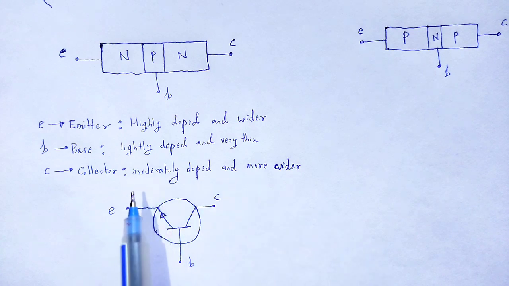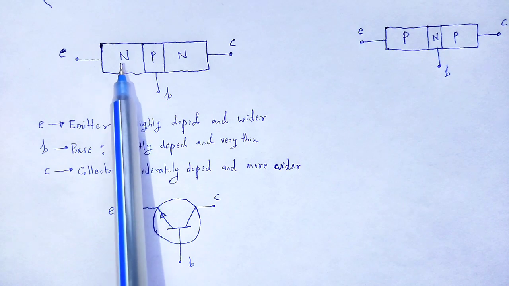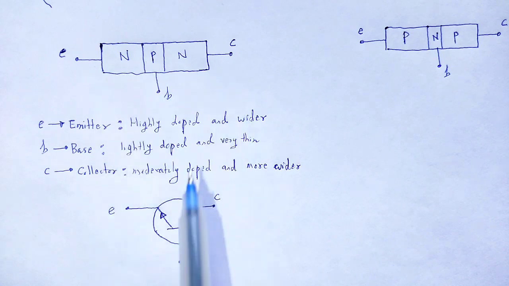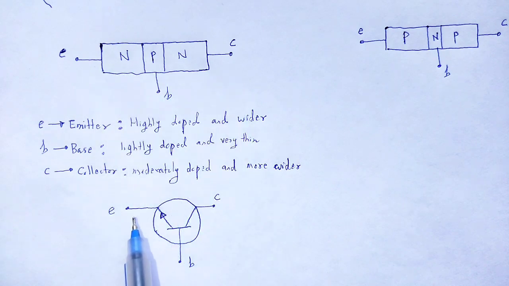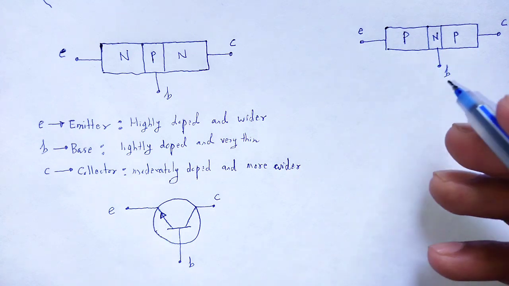In an NPN transistor, that arrowhead is like this.